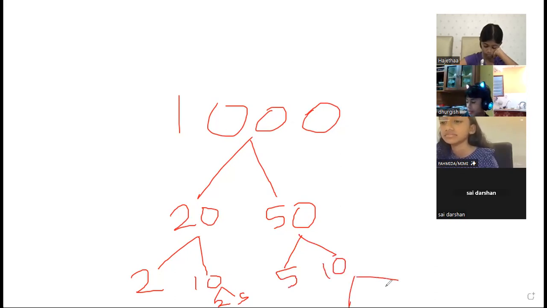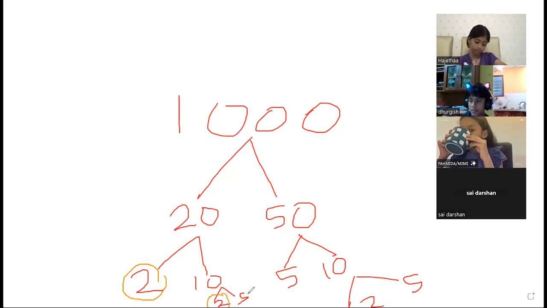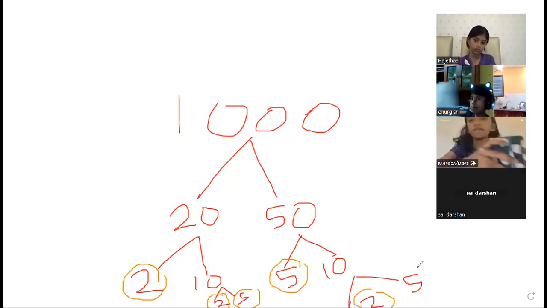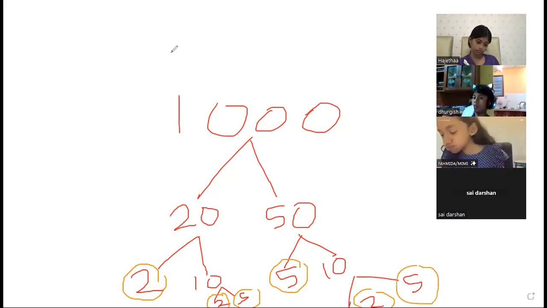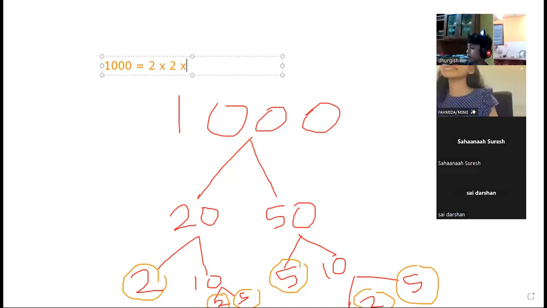And you break this 10 up again into 2 and 5. What do you end up with? Can you see? You are always ending up with prime numbers at the bottom. So instead of writing 1,000, you can say 1,000 is equal to 2 times 2 times 5 times 5 times 2 times 5. Arrange all the 2's together, arrange all the 5's together.